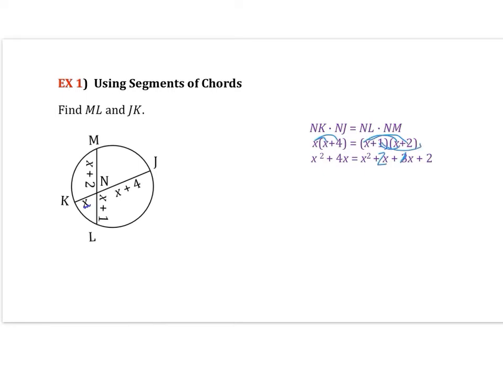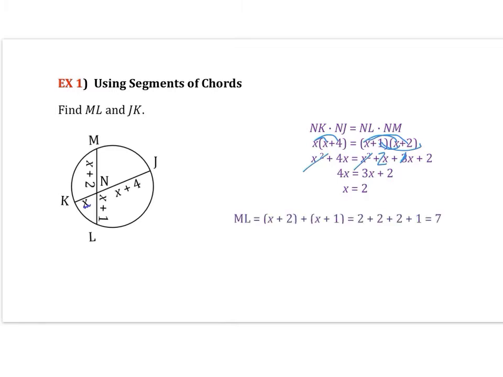And then combine like terms, getting us 4x equals 3x plus 2. The x squareds will zero each other out, so we can cross those out because they'll cancel when you subtract them from either side. Then combine the 3x with the 4x, resulting in x equals 2.